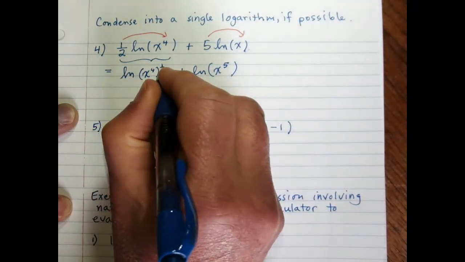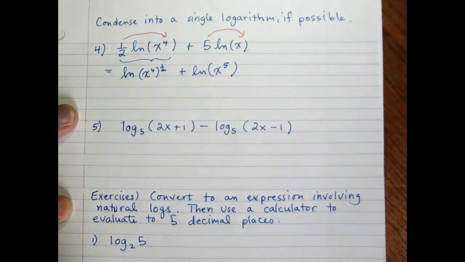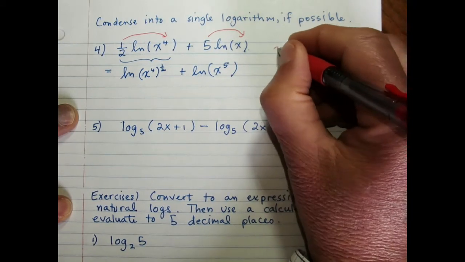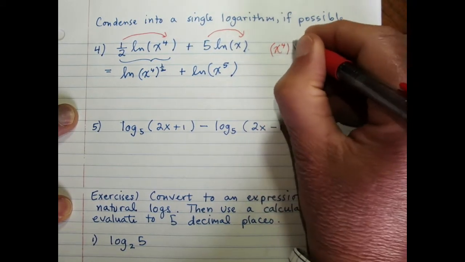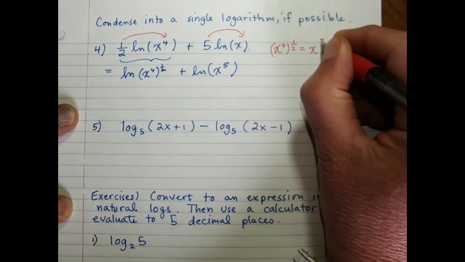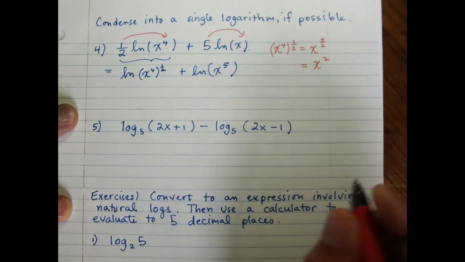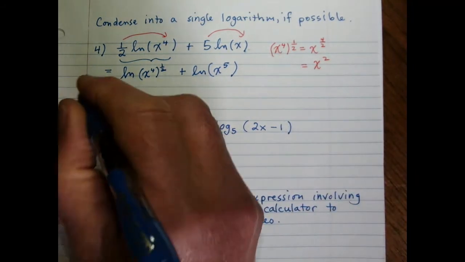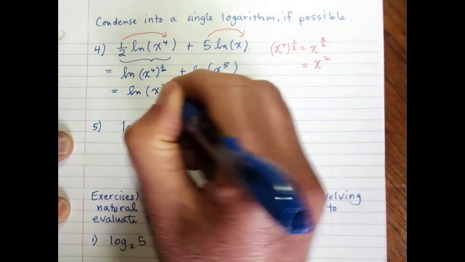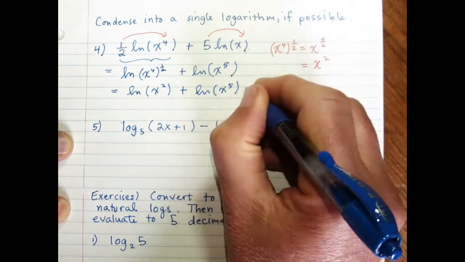I want to simplify this ln of x to the 4th to the 1/2. We know, write this on the side, x to the 4th to the 1/2 is equal to x to the 4/2, which is equal to x squared. So that mess is just going to simplify to ln of x squared plus ln of x to the 5th.